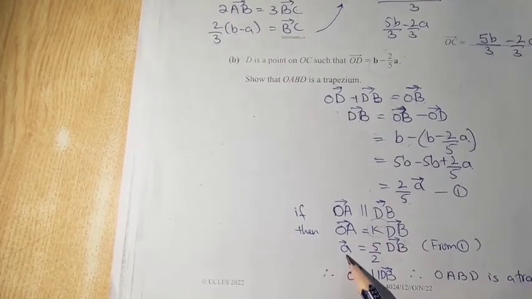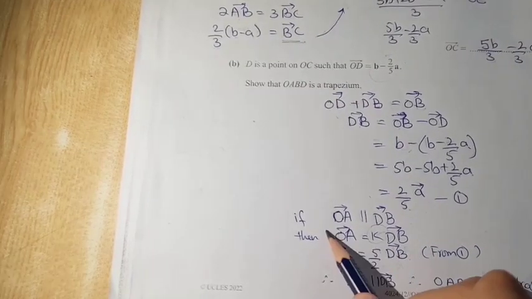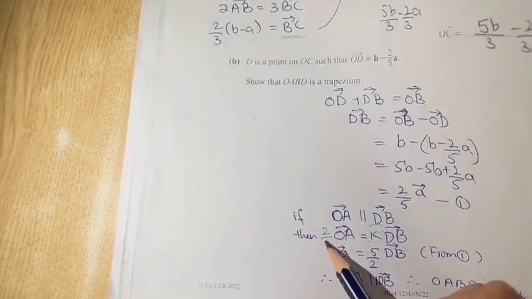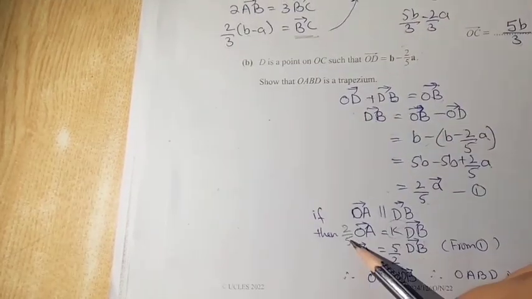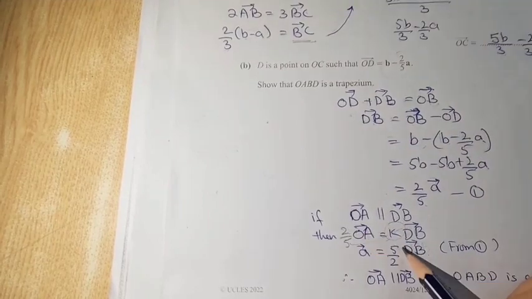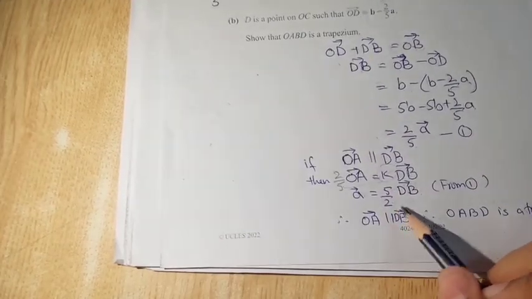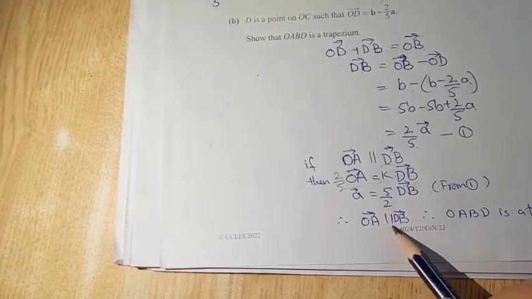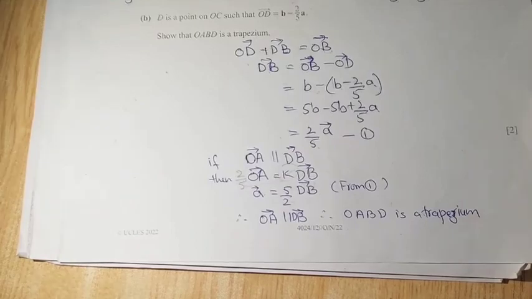So that would be a equals 5/2 DB, because DB is 2/5 a. So 5 will go over here, 2 will go down here, so that would be 5/2 equals the constant. Therefore, OA is parallel to DB. That would make OBD a trapezium.